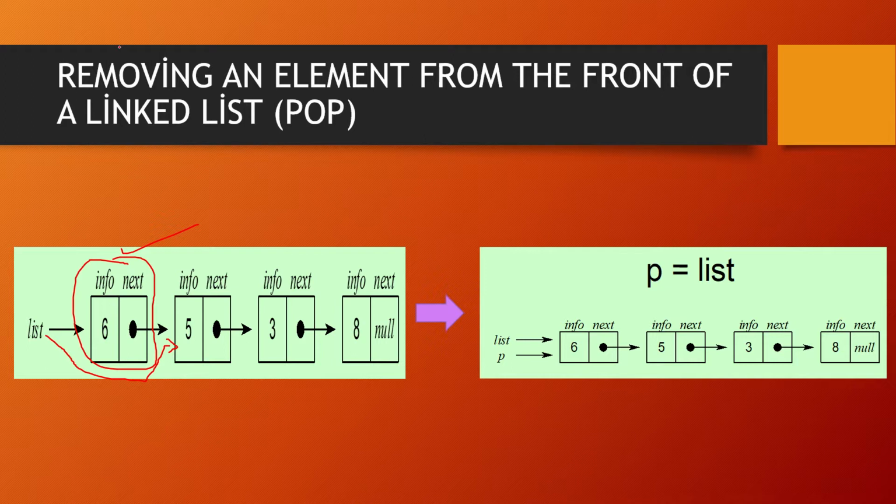So first we take a temporary variable p and make an alias with list. So we say p is equal to list, it means list and p become aliases pointing to the same node.